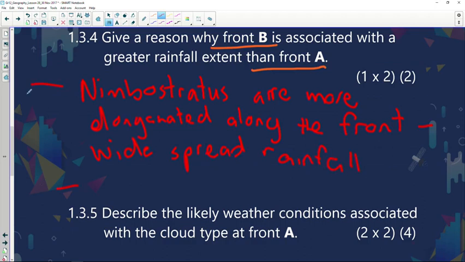And the pressure gradient is gentler. So it's not cumulonimbus clouds like at the cold front, where the air is being forced to rise because of that cold air moving in. It's a gentler pressure gradient, so it will have more rainfall than at the cold front where the air is being forced to rise.